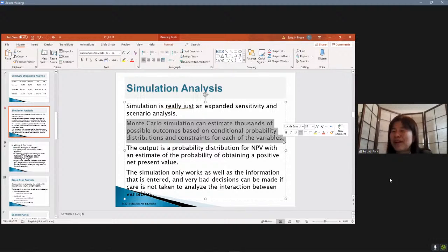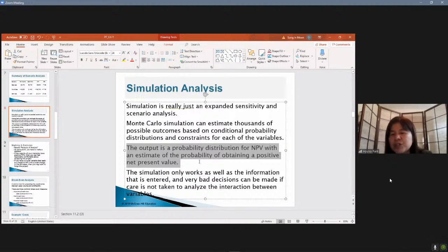As I mentioned before, in this simple Excel example, we just use the largest sales quantity and highest price. That's the best case scenario, but there may be conditional relationships among many variables in the real world. That kind of conditional distribution should be taken care of. If that's the case, computer science skills are needed. So the output will be the probability distribution for NPV.